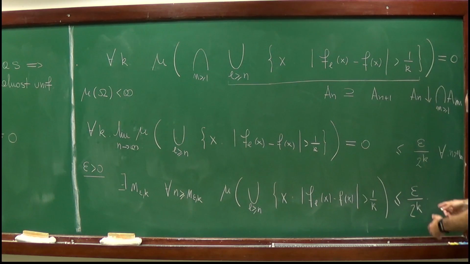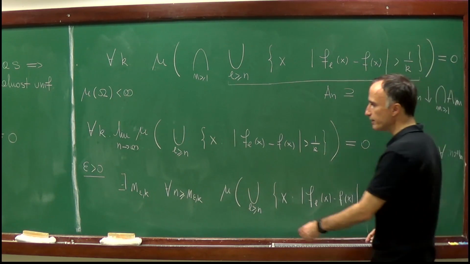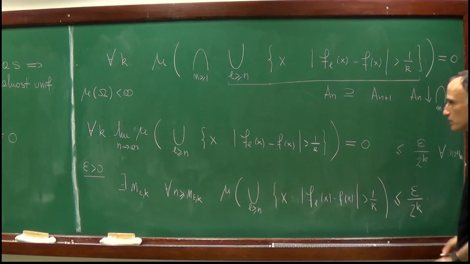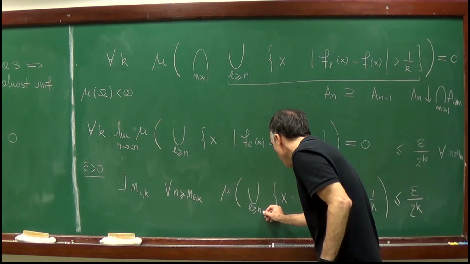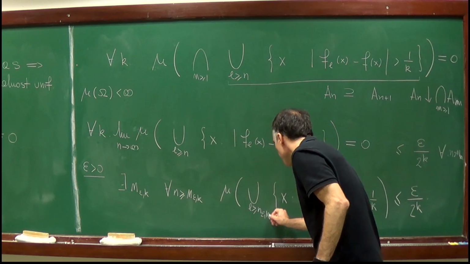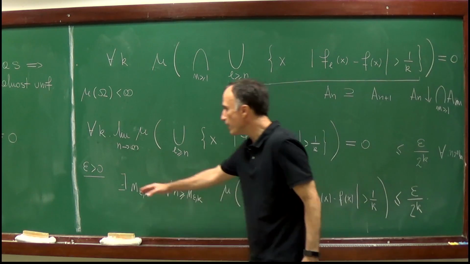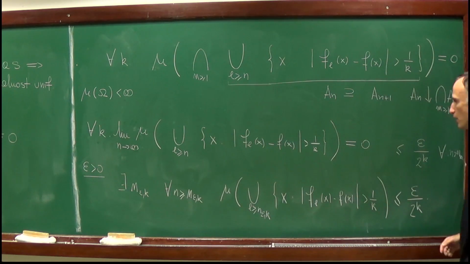Okay? So we fixed epsilon divided by 2k. Since this limit is 0, we can find n for which this is true. Since this is true for all n larger than n epsilon k, this is true for n equal n epsilon k. So we have that inequality. Up to this point, we reach this fact that for any epsilon, we can find this n for which this is true.